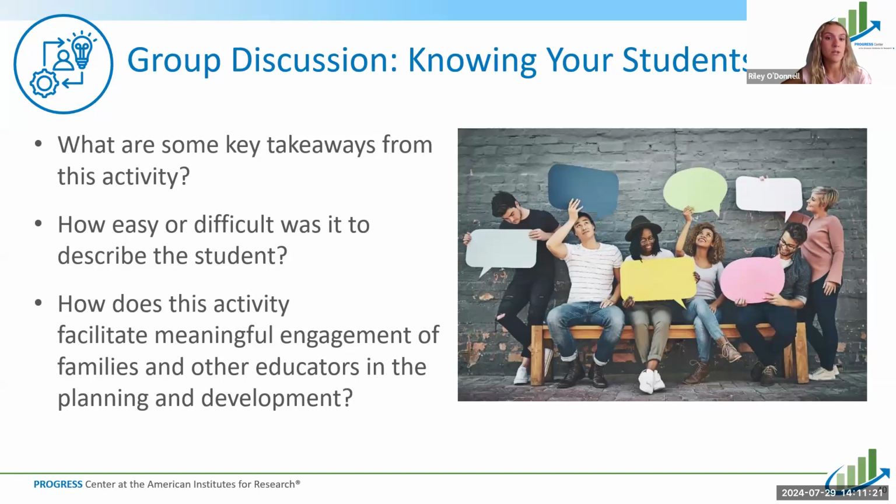This can be if you were person 1 or person 2, thinking about the impact or the needs. And thirdly, how does this activity facilitate meaningful engagement of families and other educators in the planning and development of the IEP? And we invite you to come off of mute and share your answers with the group, or you can drop it in the chat as well.